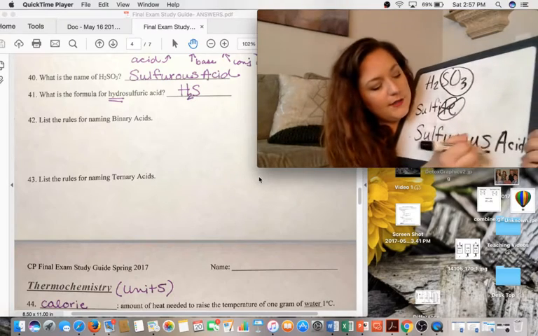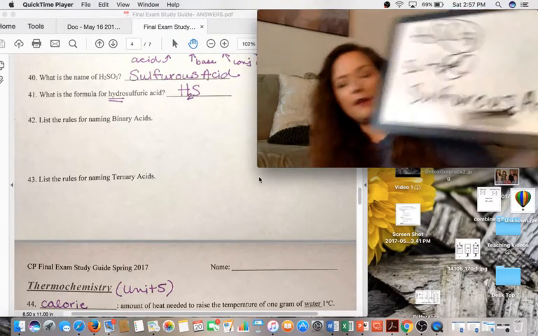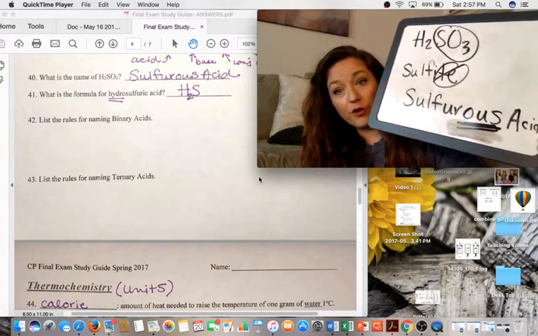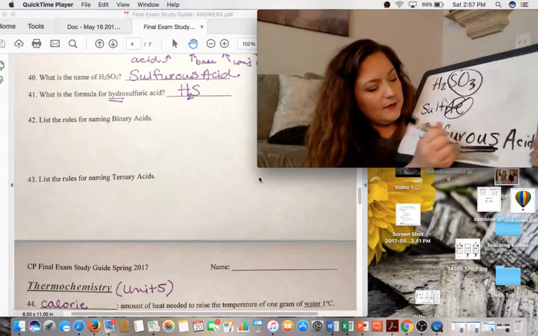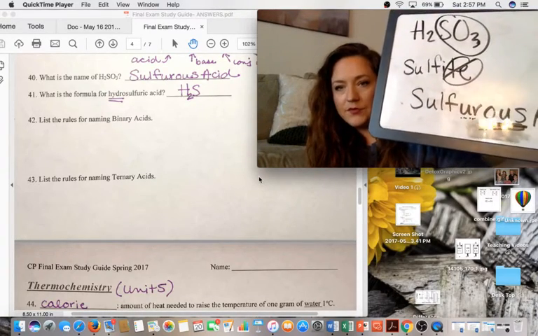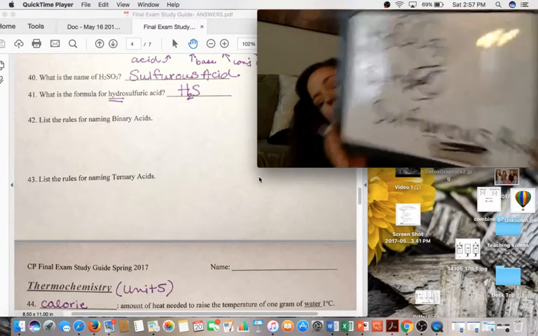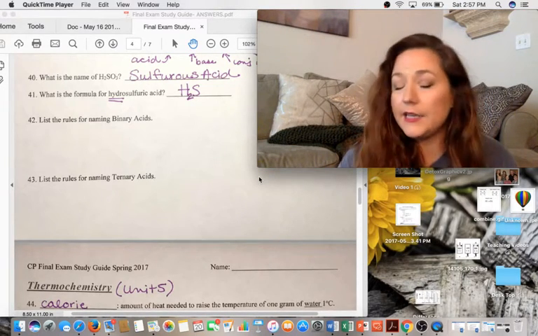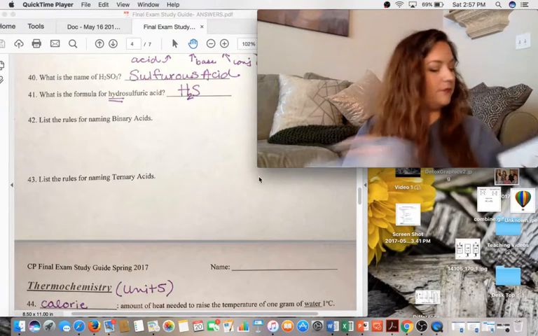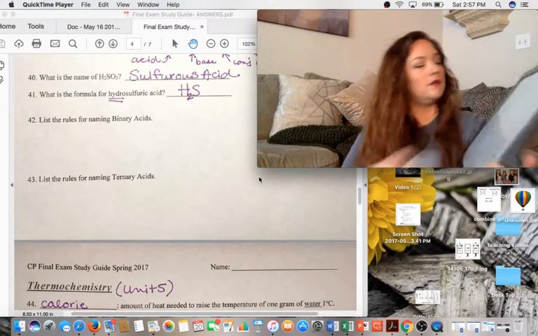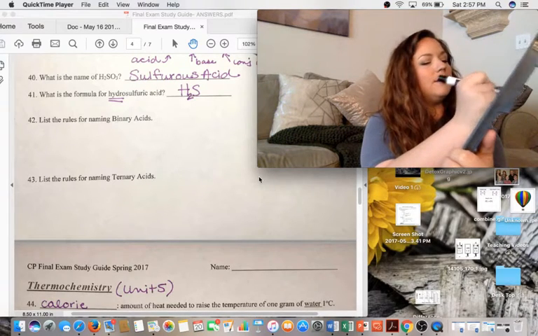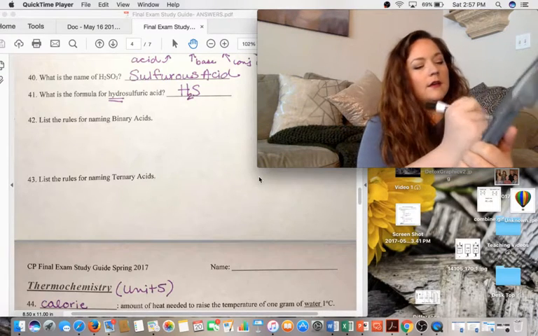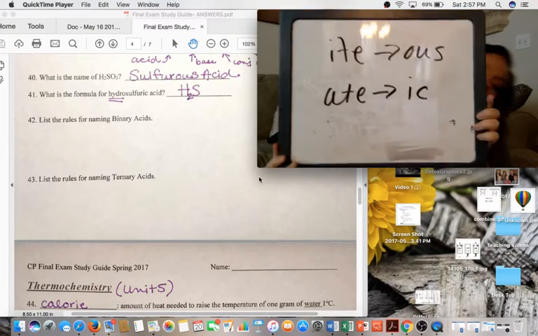Now, all I did was add an OUS. Remember that with phosphorus and sulfur, you have to add the UR back. So all you do is change the ITE to an OUS. Now, ITE becomes OUS, but ATE becomes IC.